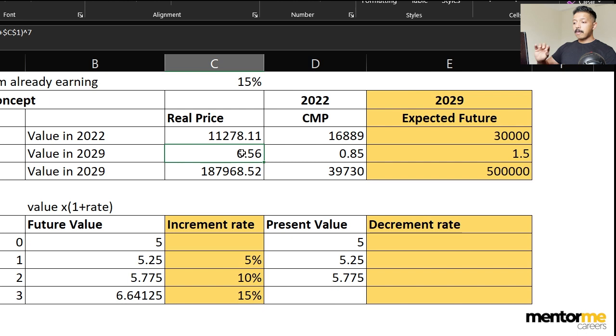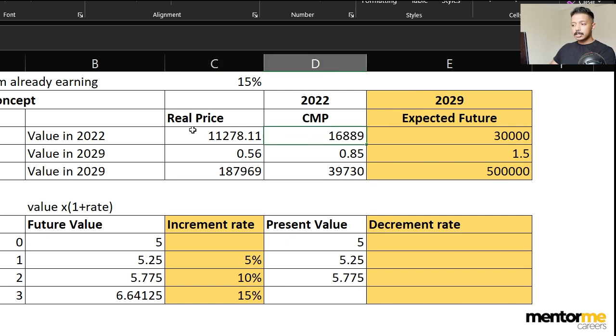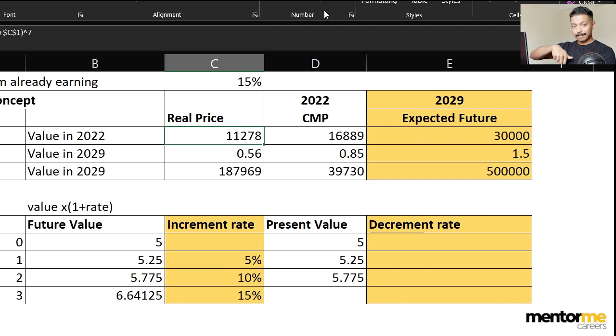In case of house, it should be about 0.56 crores. And if it was Bitcoin, then it should be about 1,87,969. Now, you should notice something here. In case of Nifty, your derived expected value today, based on the 15% that you've taken, is stating that probably Nifty is a little expensive, so you're not interested in buying.